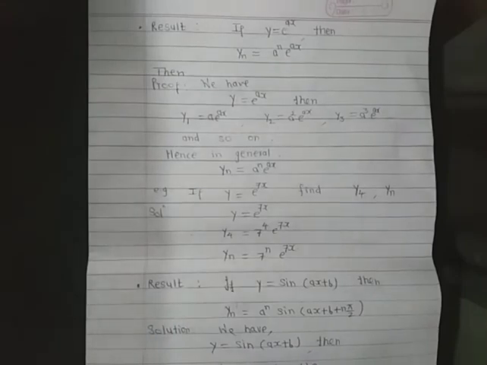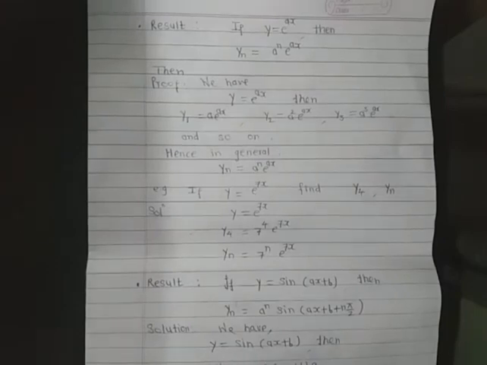Again differentiating y2 with respect to x both sides, we get y3 equal to a square, which is constant, times the derivative of e raised to ax, which is a e raised to ax, so that finally we get y3 equal to a cube e raised to ax, and so on.